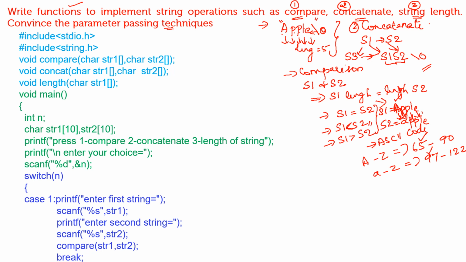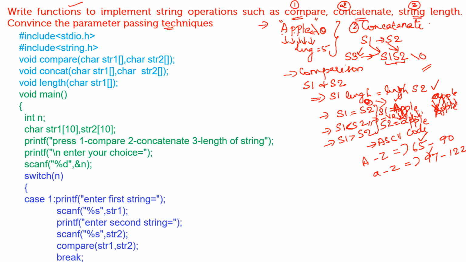If both are equal, for example APPLE and the second one is also APPLE, it compares each character, and when you subtract, it will return a zero value. If s1 is less than s2, it returns a negative value: character by character it will check and do the subtraction, and you will get a negative value. If s1 is greater than s2, for example the first string is small apple and the second string is capital apple, it will compare the first letter itself.